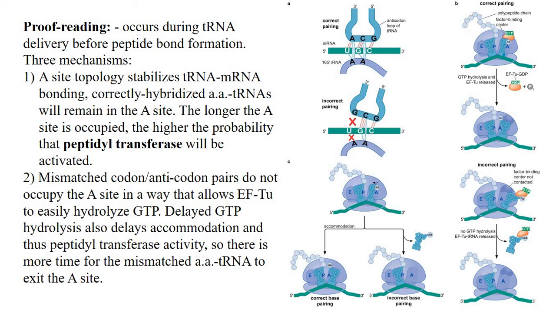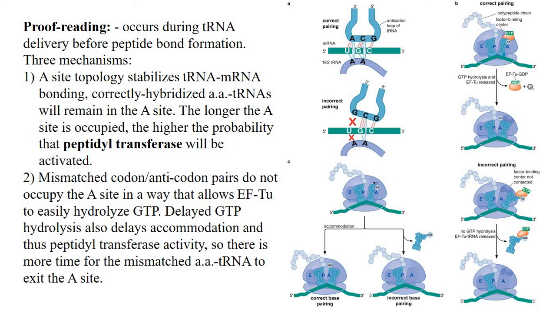If there is a wrong amino acid attached to a tRNA with a different anticodon than it's supposed to have, then it will be almost impossible. The ribosome will not be able to detect that wrong amino acid. However, a wrong tRNA can be detected because of the codon-anticodon complementarity.